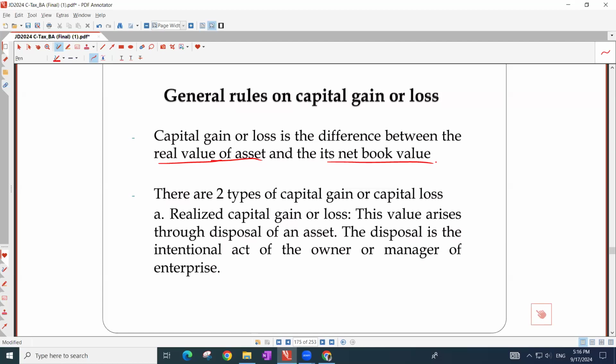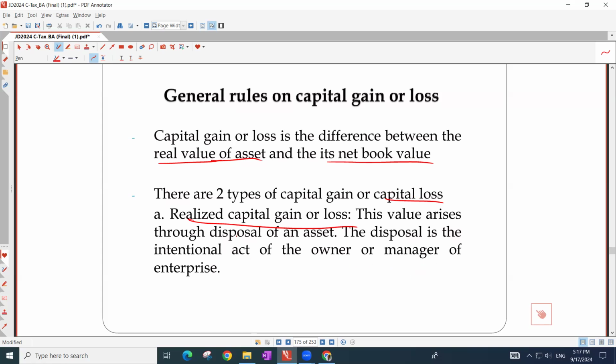Yeah, they said there are two types of capital gain or capital loss under tax law. First of all, realized capital gain or loss. These values arise through disposal of an asset. This disposal is an intentional act of the owner or managers of the enterprise.